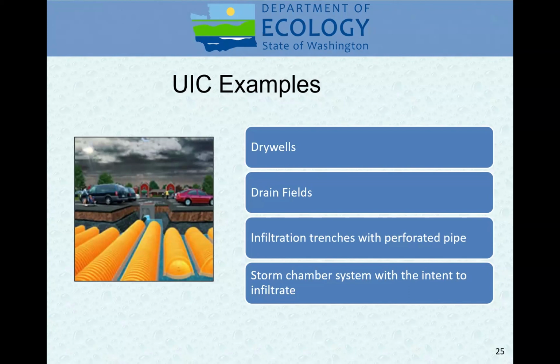John Bend is the UIC lead for Ecology, and you go online to the UIC website and fill out the application to register your UIC with the state. And you don't need to register every UIC independently. You could register all the UICs for one project at one time. You don't have to do them all independent of each other.